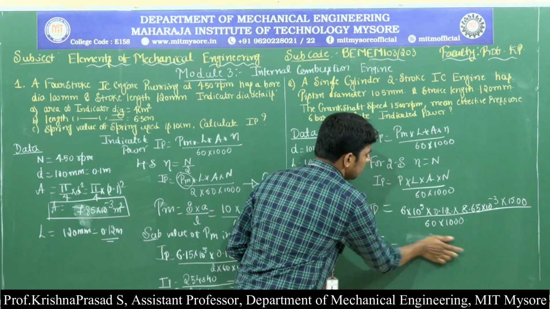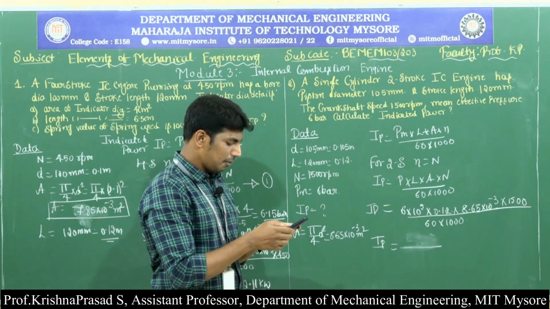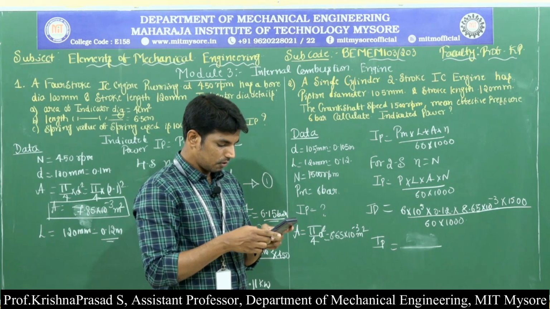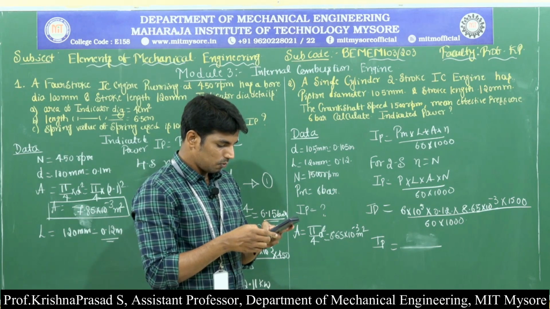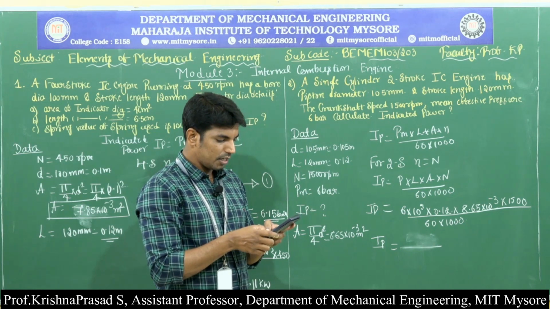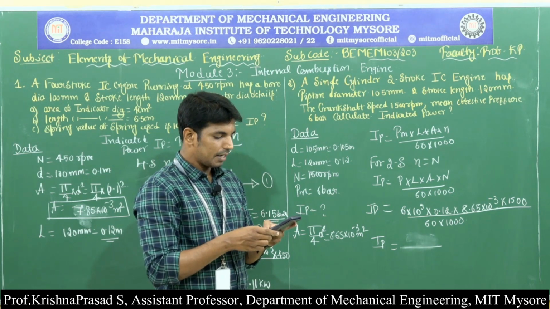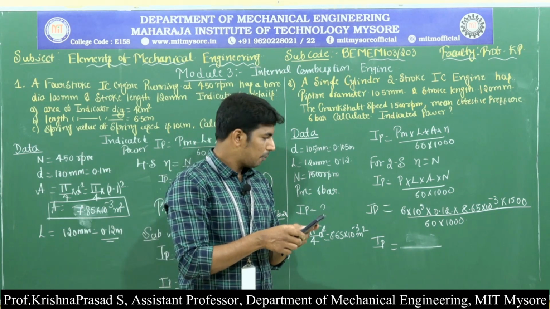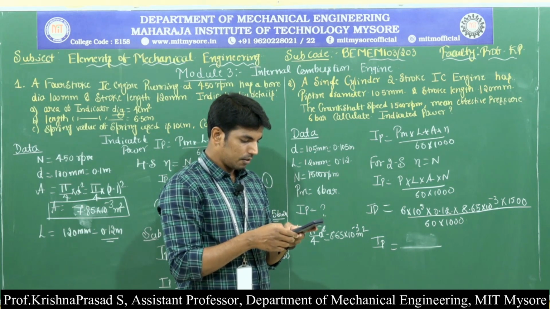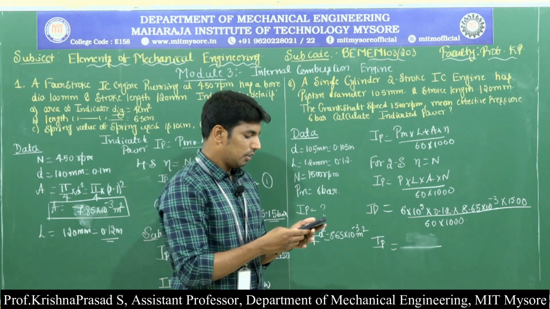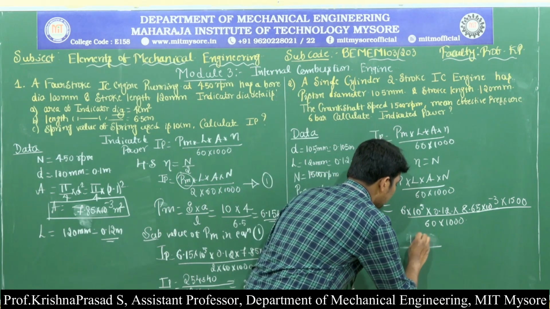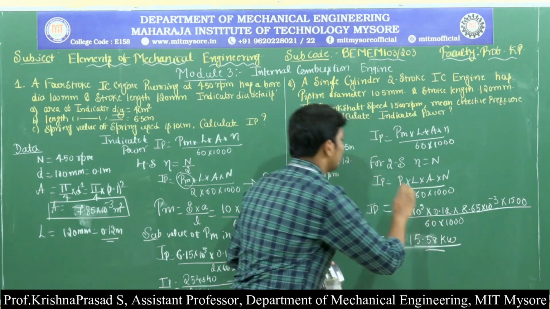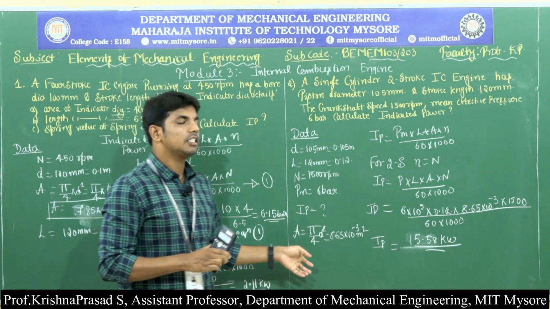After solving these things, we have to get the value of IP, that is 6 into 10 to the power of 5 into 0.12 into 8.65 into 10 to the power of minus 3 into 1500 divided by 60 into 1000, it gives rise to 15.58 kilowatt. Okay, so this is regarding the second numerical.